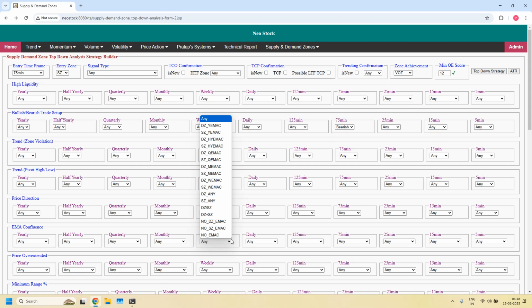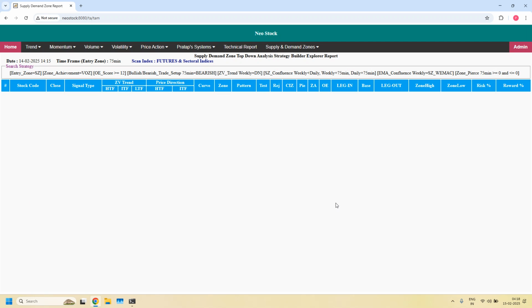So we are checking weekly supply zone having weekly EMA confluence or not. At the same time, weekly trend should not be sideways. So that is the reason why in the trend I am selecting down, because it is bearish trade setup. So none of those zones are having EMA confluence.